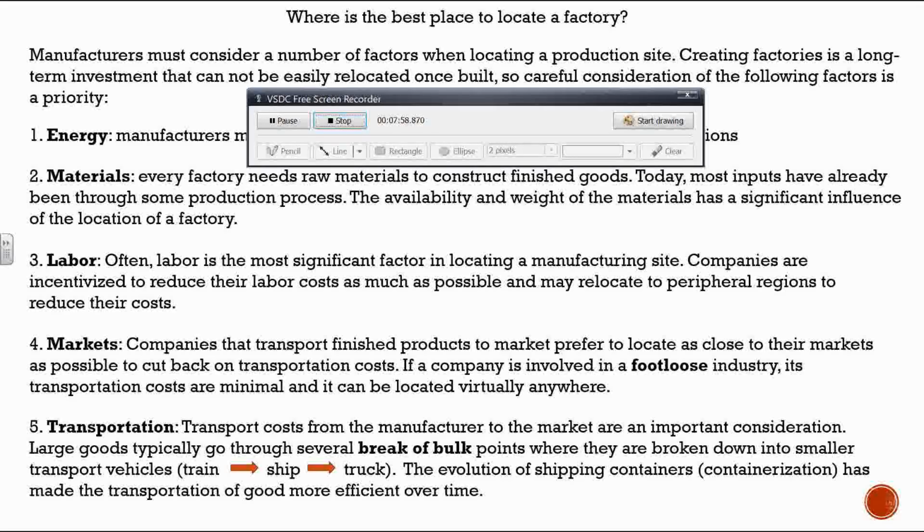Maybe it's coal, maybe it's rolled steel, maybe it's even just a train full of a particular agricultural product. Well, it's not particularly efficient for that train or that cargo ship. You could think of an oil tanker to go to a gas station, right? It needs to offload those goods into a smaller means of transportation. And then it may need to be broken down a couple more times until it gets to the smaller portion of transportation that takes that good to the market.